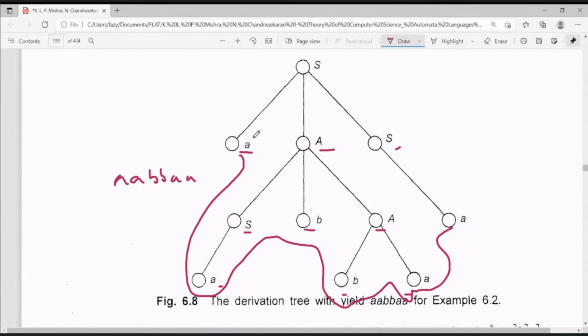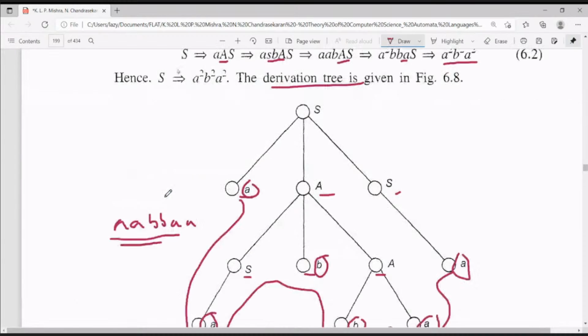That will be your yield from the derivation tree.